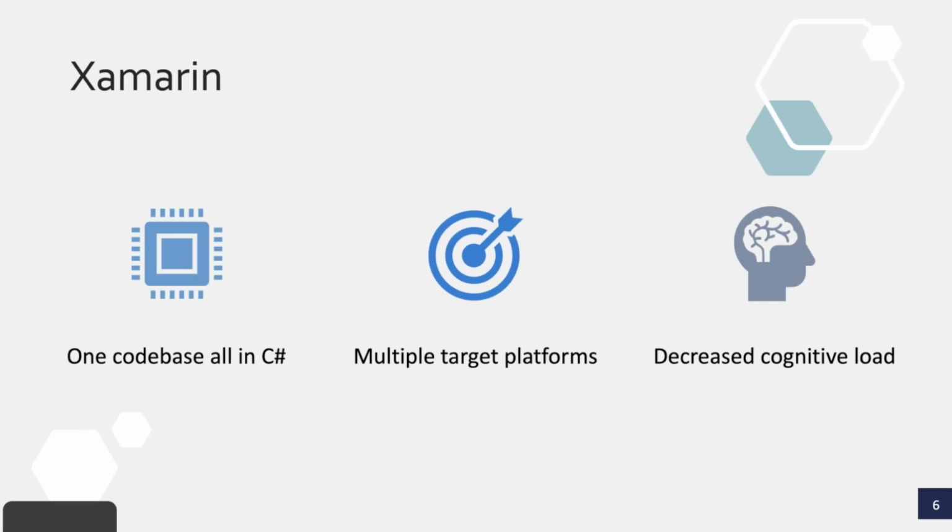So I think, judging by the title, I'm not sure how many people are unfamiliar with Xamarin, but Xamarin is a cross-platform framework for developing mobile apps, so you can develop against Android and iOS with a single code base.